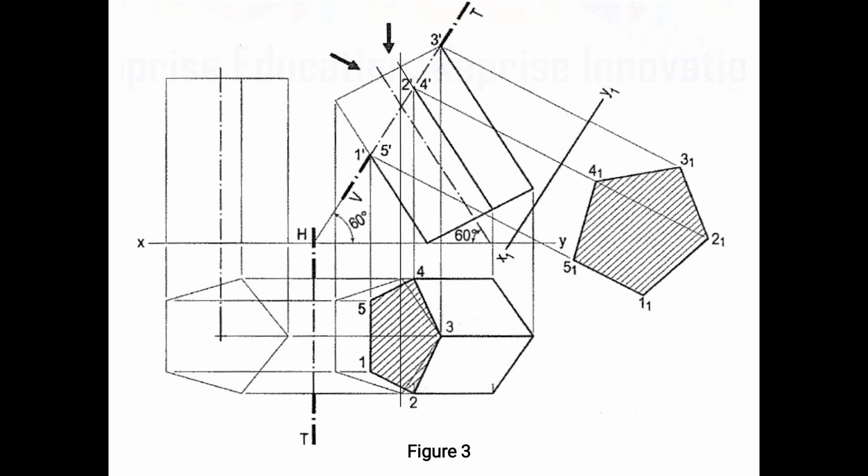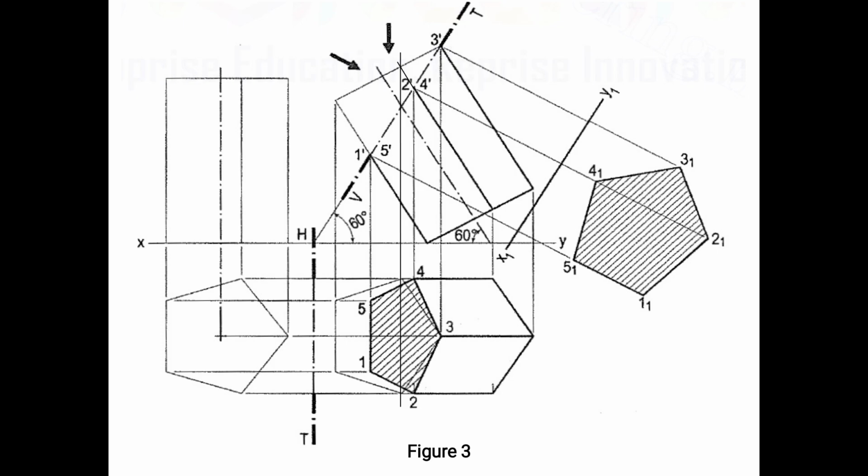The first point is where edge 1 2 is cut at point 1, and the next is the solid which is cut at point 5. Next is at point 2, point 3 and point 4. So after getting the points, you join the points 1 2 3 4 5 in the top view.